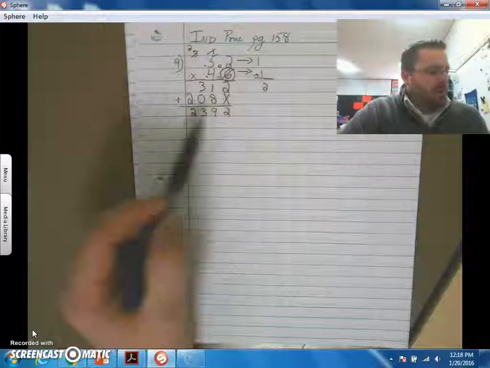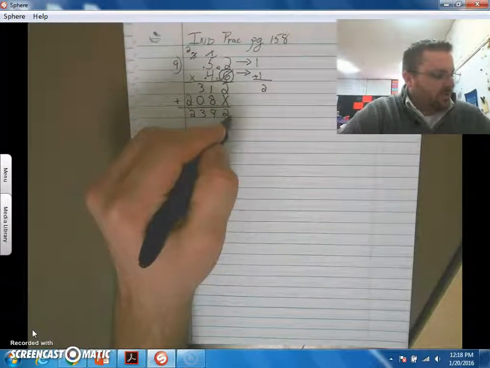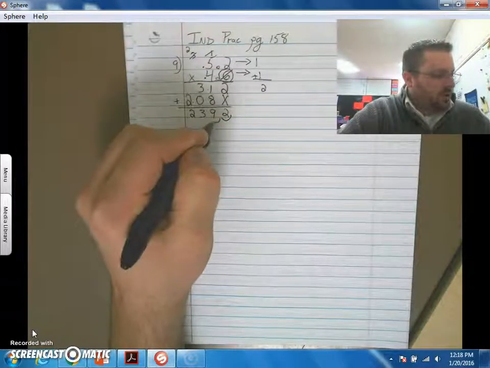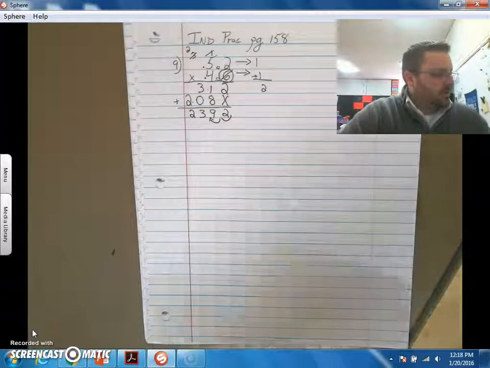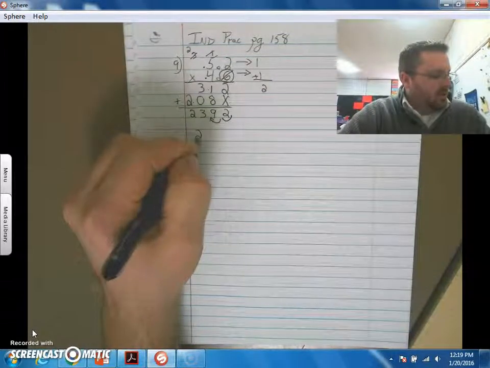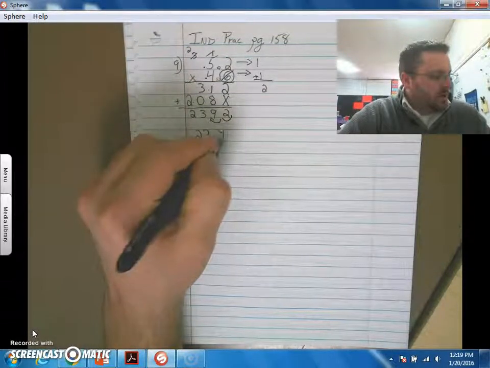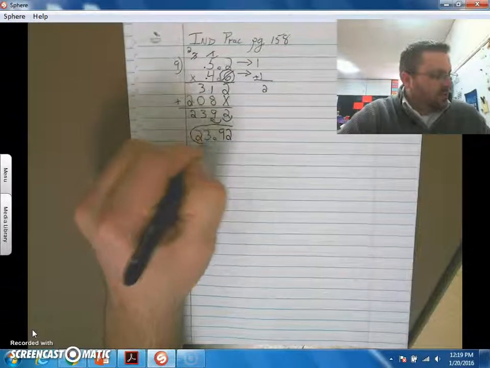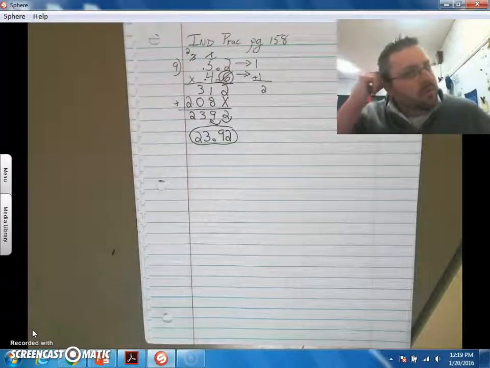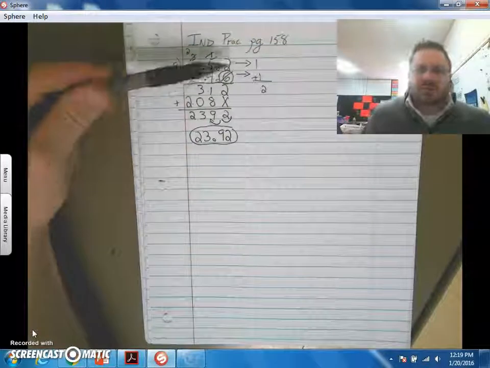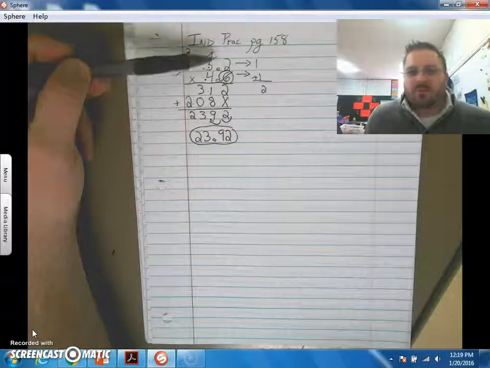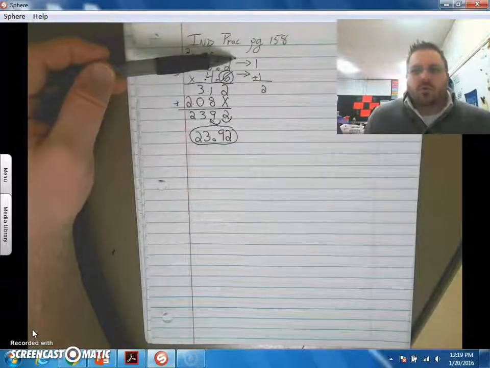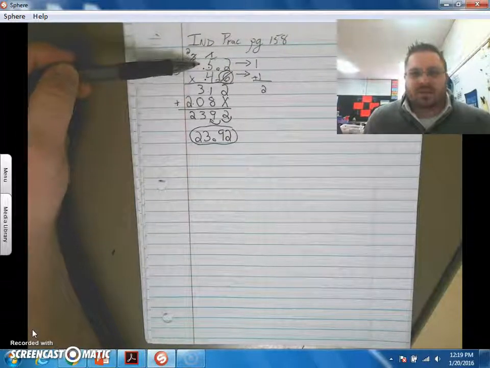That tells me in my product, I have to jump 2 place values to the left, which becomes 23.92 for my answer. Remember, the reason we're just counting the place values is because when we went from 5.2 to 52, we multiplied the factor by 10.